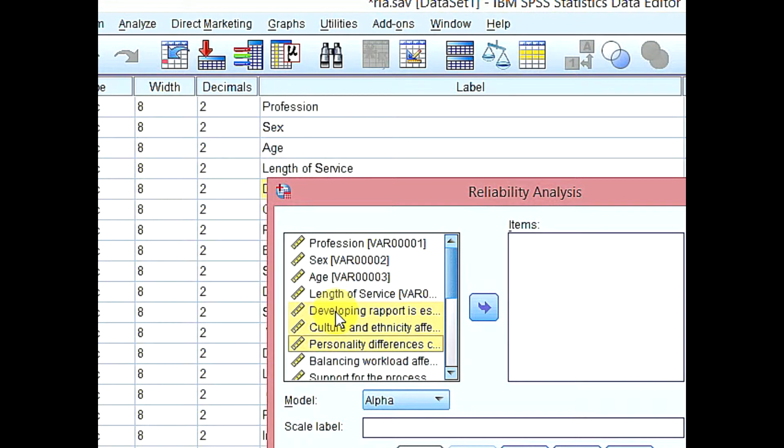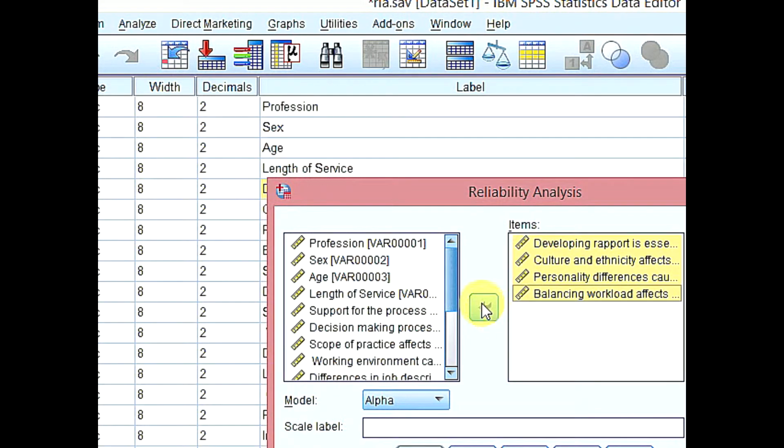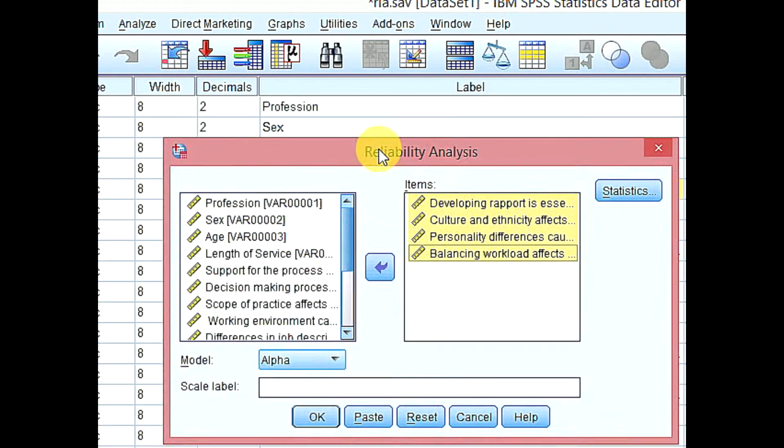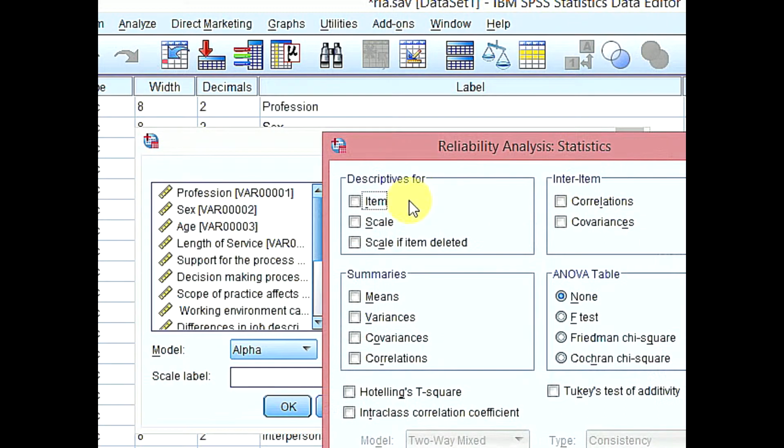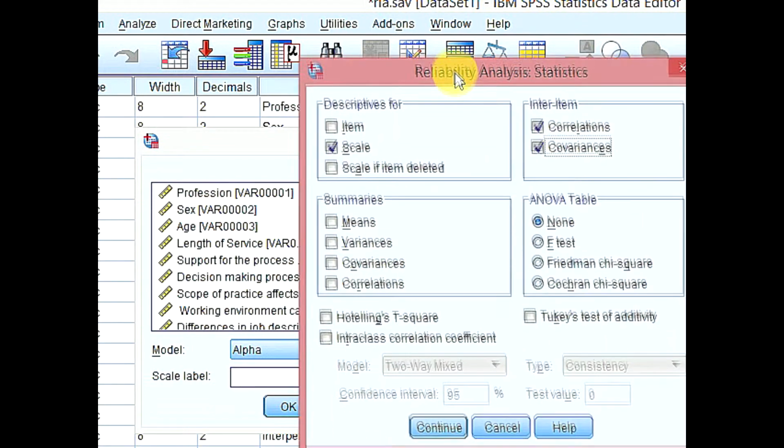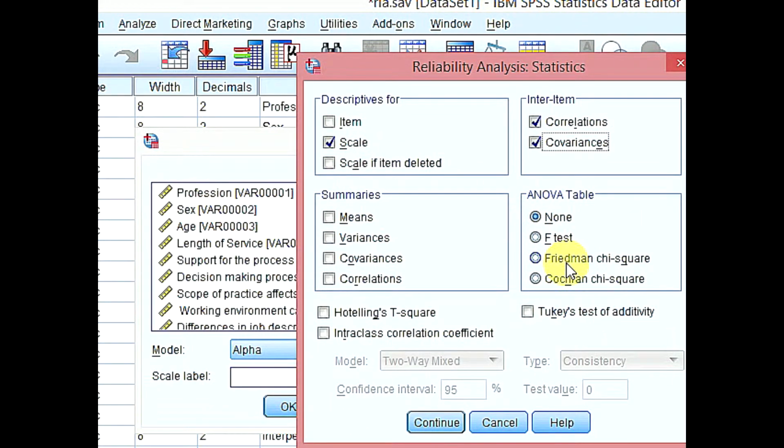So question 1, 2, 3, and 4 are part of the reliability questions, the domain that we would like to know the reliability of. So when you put it on the right side, what will happen is that you will click on statistics and just click scale, and then you can check the inter-item correlation and covariances, so that we will know the problem if there exists.